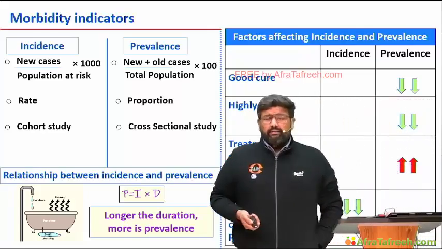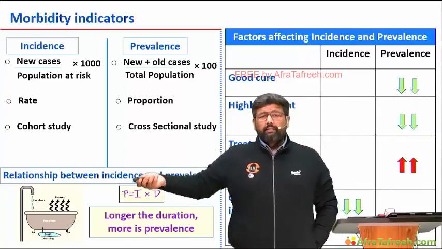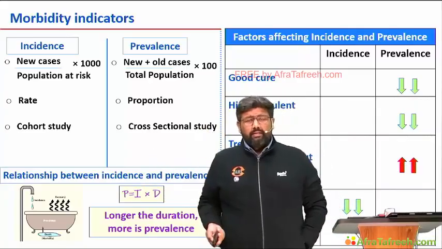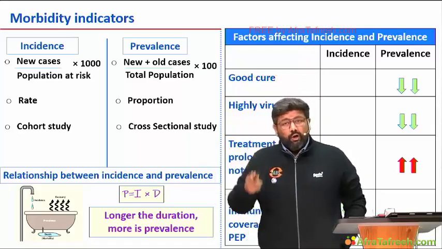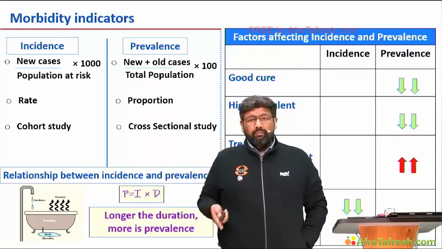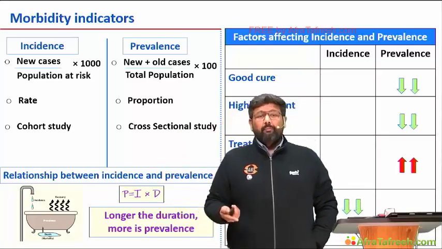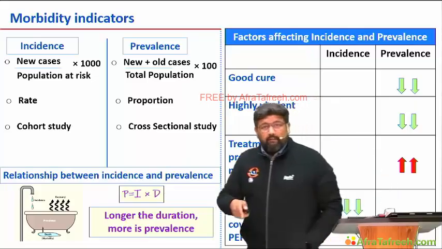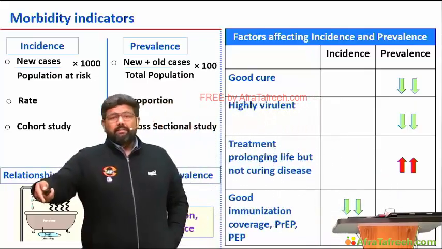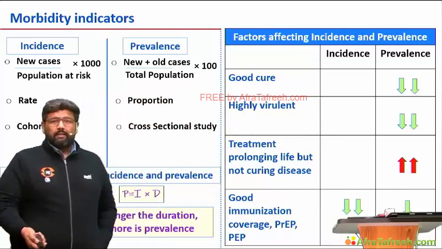Pre-exposure prophylaxis, any kind of prophylaxis, pre-exposure, post-exposure, immunization, your immunoglobulins, anything which is not letting the disease to happen. What will happen? There will be decrease in incidence. After some time, prevalence will also decrease.